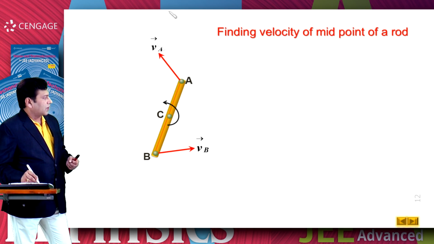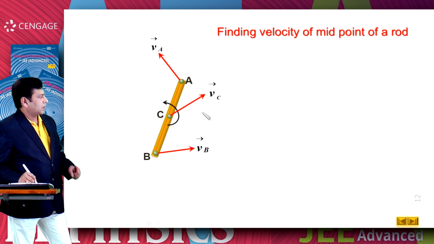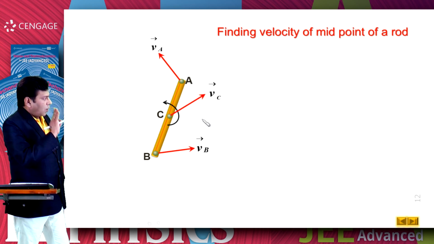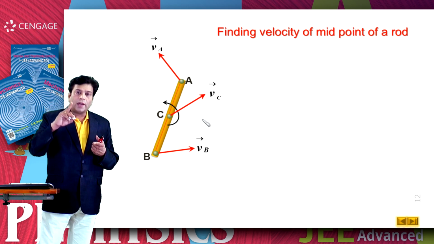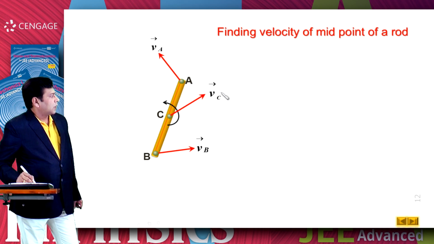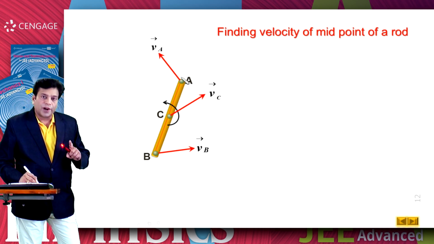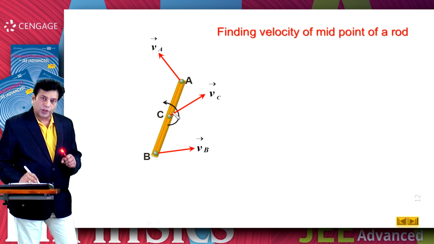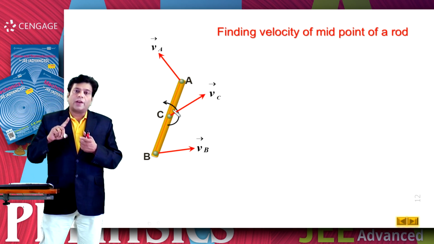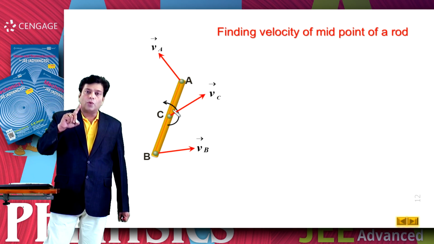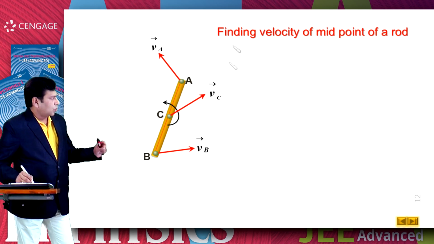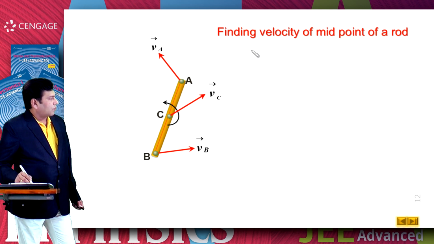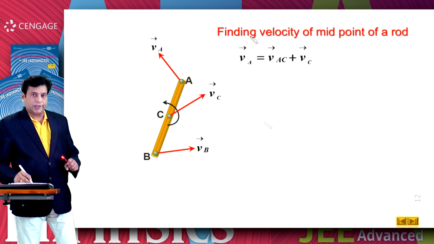Let this velocity be VC. Now we are going to make the relationship between VC, VA and VB. We can write the velocity of point A with respect to C. How to write? We can write VA equal to velocity of A with respect to C plus velocity of C. So velocity of A equals VA with respect to C plus VC.